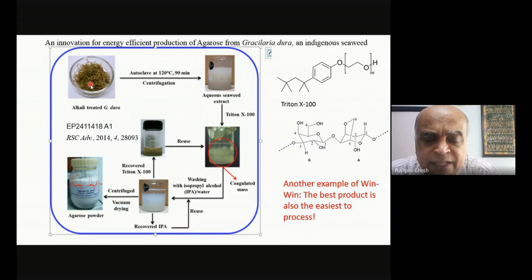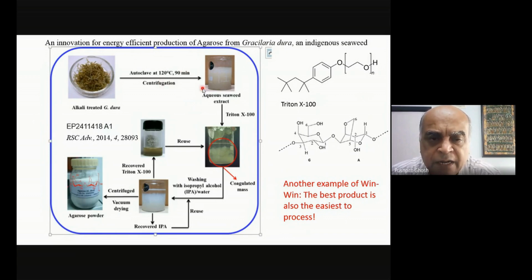Now, the way these typical compounds, known as phycocolloids, are derived from the seaweed, and they are all thickening agents, gums. The way they are isolated from the seaweed is that you boil it in water, and the agarose or the agar tends to come into the solution.